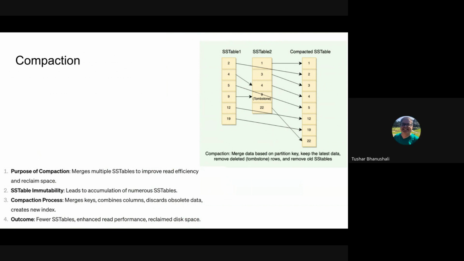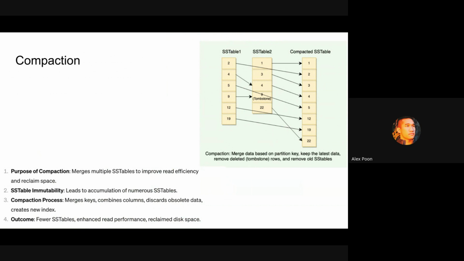Just to follow up, the source SS tables, table 1 and table 2, would probably get discarded, right? And it would have to generate the newer index files for indexing into the compacted SS table. Let me think for a moment. So you're asking whether we just discard the old SS tables.